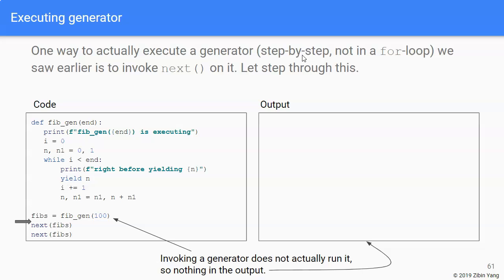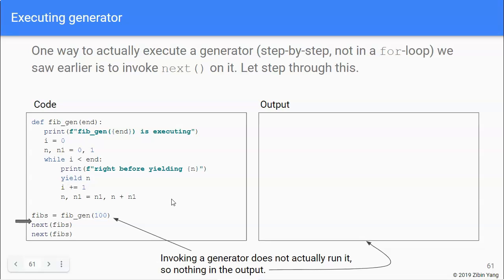But let's use the other way, which is to call next on a generator so that we can see step by step what happens when we run a generator. To gain some insight into it, I modified fibgen slightly to print a few messages out, so as we step through it in the slide, it looks better.